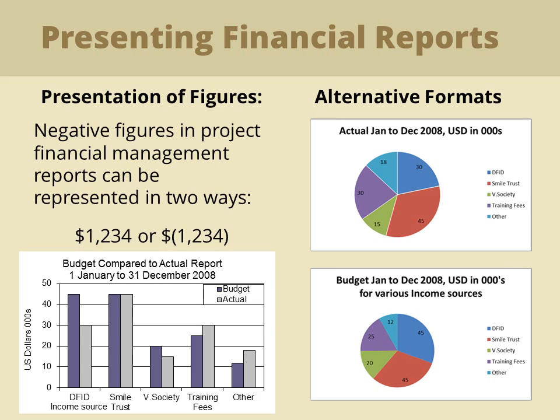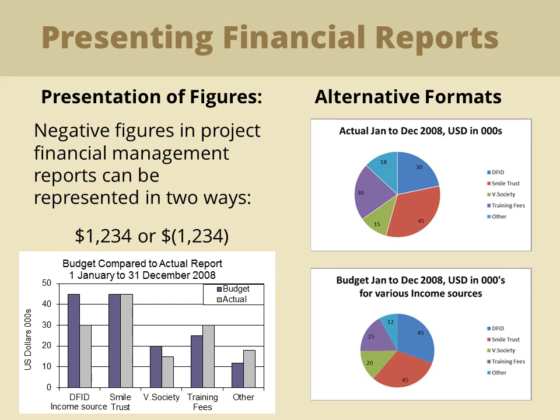When presenting negative figures in financial reports, they can be represented in 2 ways, either negative $1,234 or $1,234 in parentheses. Alternative formats include graphical formats such as a bar chart for a budget actual report as shown in this example.